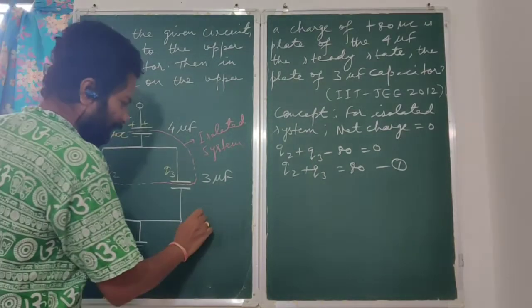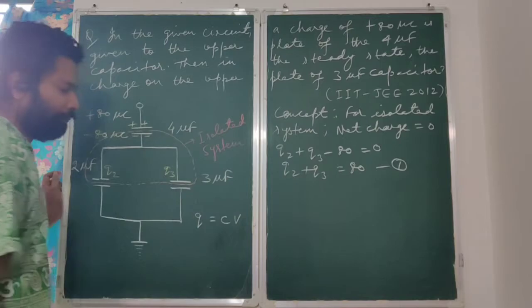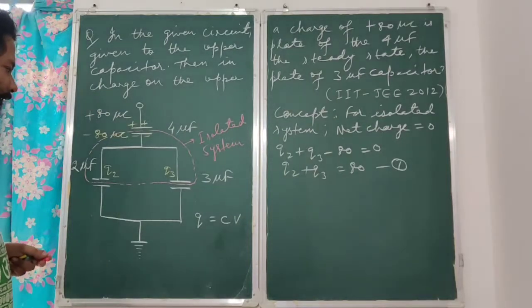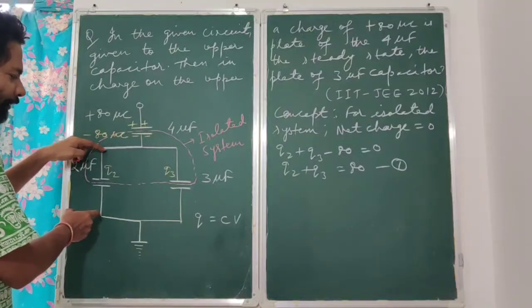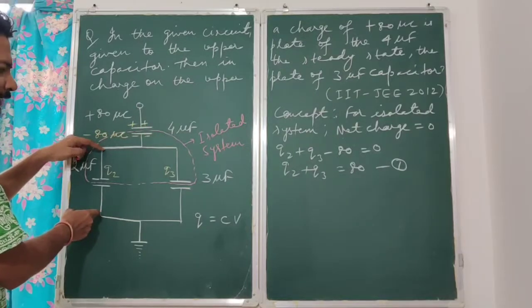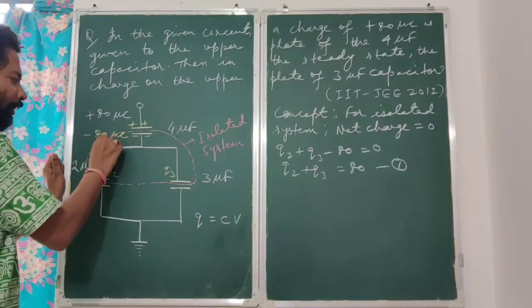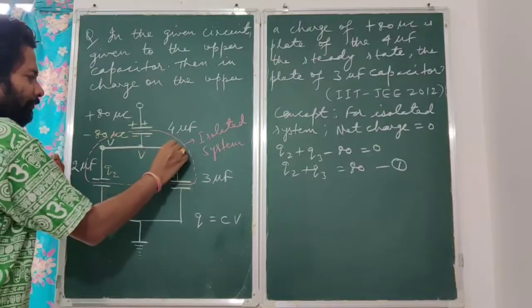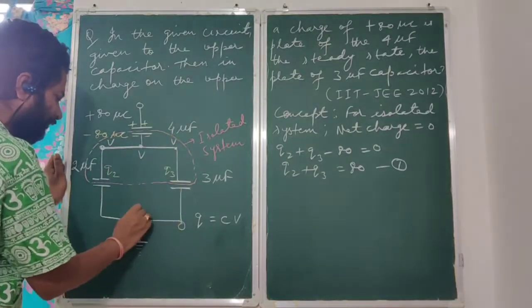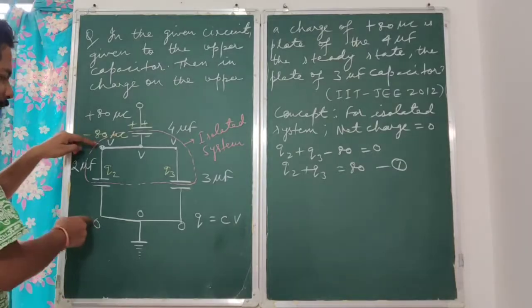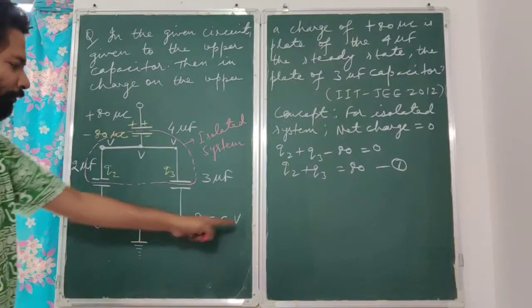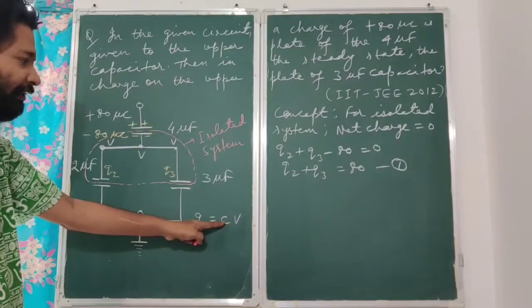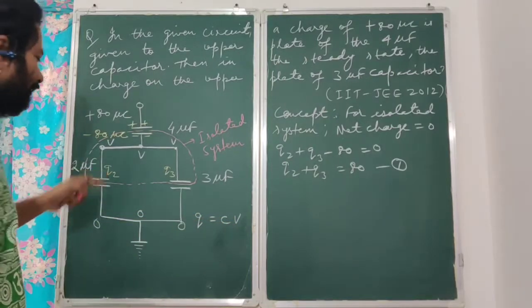Now you know, in general, Q is equal to C into V. These two, you can see, are in parallel, so obviously the potential difference across them will be the same. If you say the potential of this point is V, this point will have potential 0, so the potential difference is V here also. So V is equal to Q by C. So we can develop another equation.